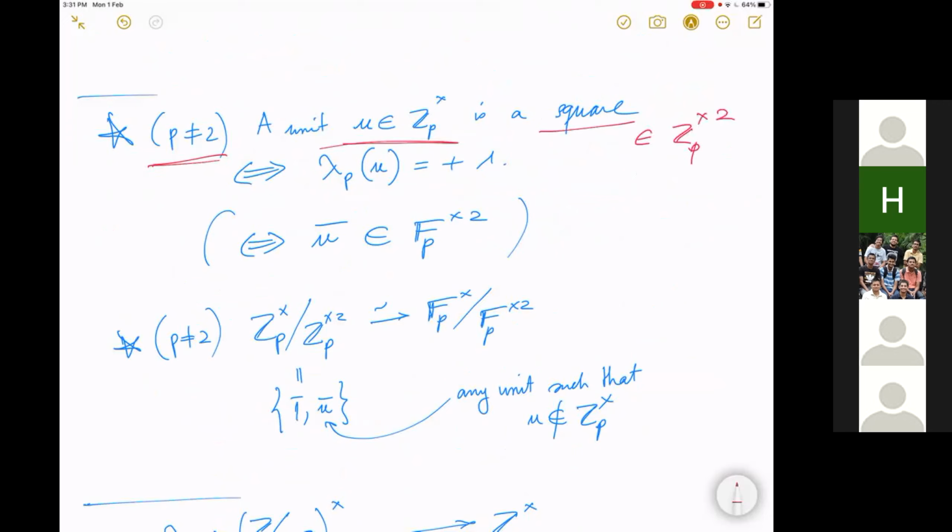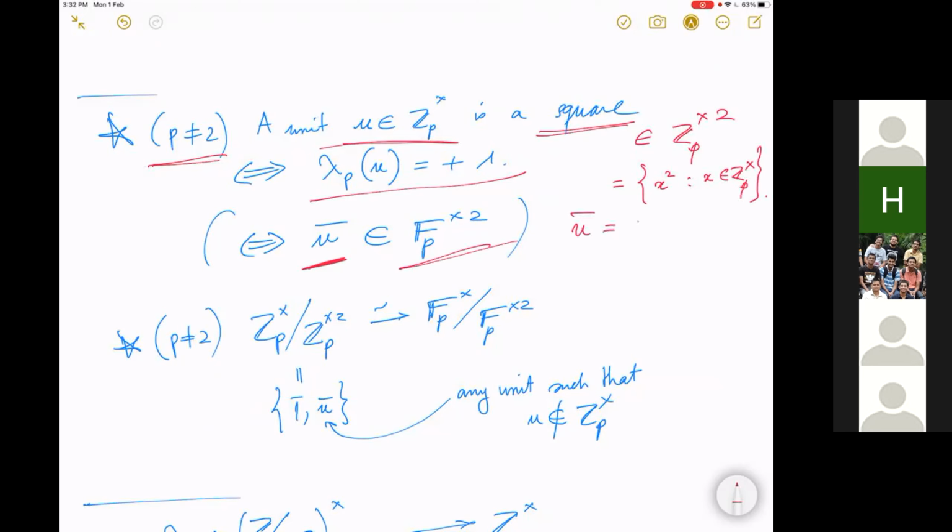This is not ZP cross times ZP cross. It's the set of x squared such that x is in ZP star. So u is a square in ZP star if and only if lambda p of u is +1, which is of course the same as saying that u bar is a square in FP star.